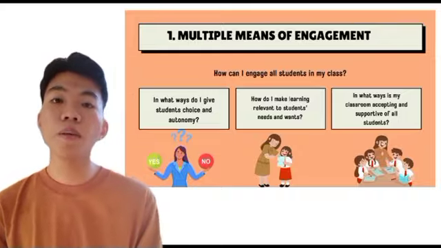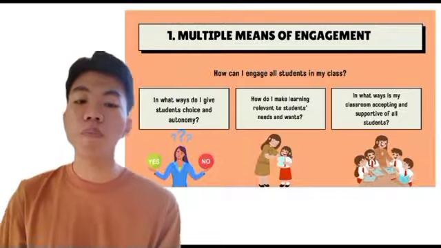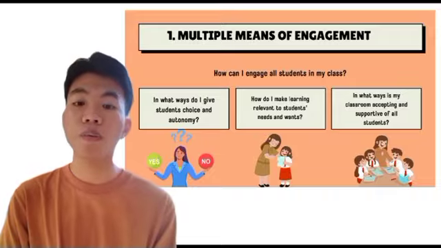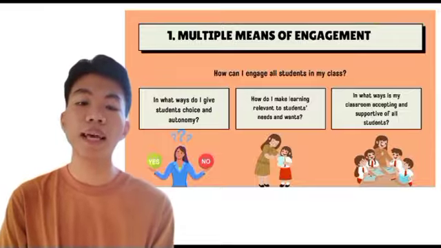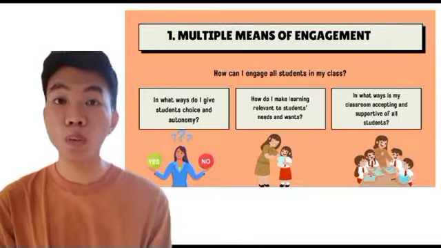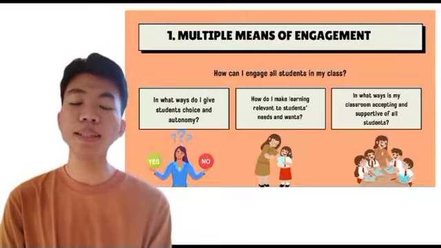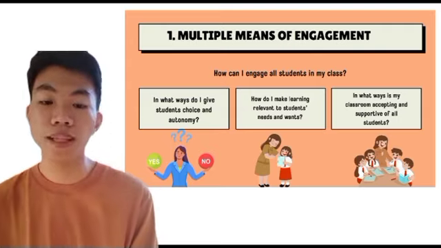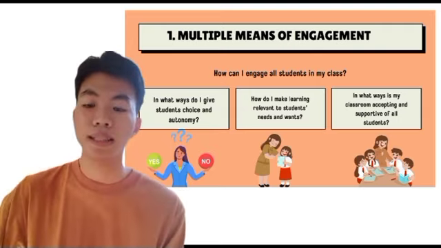Now, when we say principle of engagement, it is all about making learning interesting and motivating for our students. It focuses on getting students actively involved and excited to learn. So it is about creating ways to grab the students' attention and keep them motivated throughout the learning process.